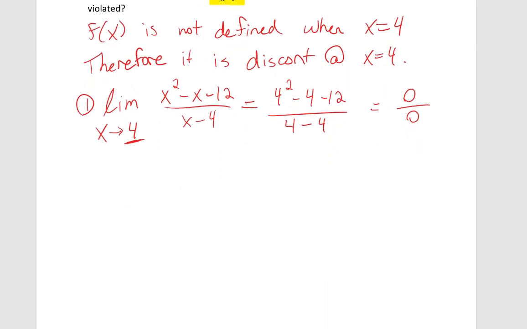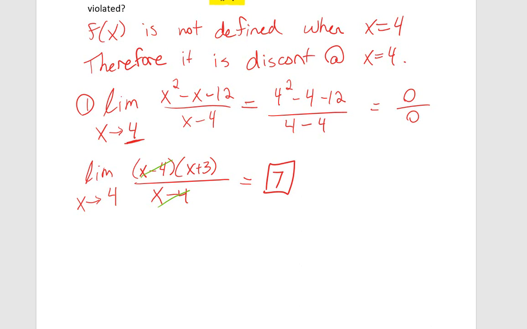Now, if we get 0 over 0, that does not necessarily mean that the limit doesn't exist. It means that we need to factor, cancel, and reevaluate. The top part factors into x minus 4 and x plus 3, over x minus 4, and the x minus 4 on the top and bottom cancel. So this limit is actually going to equal 7. So the limit does exist.